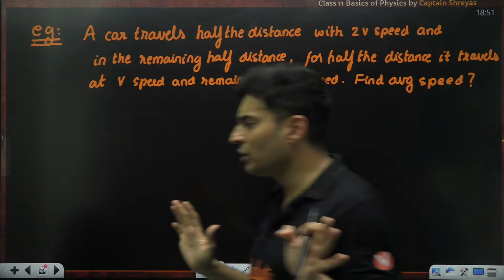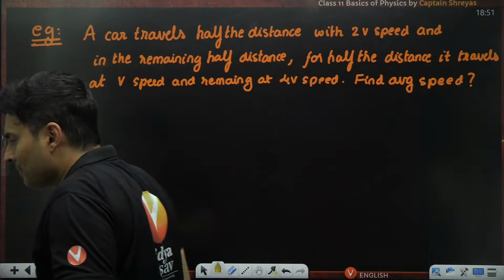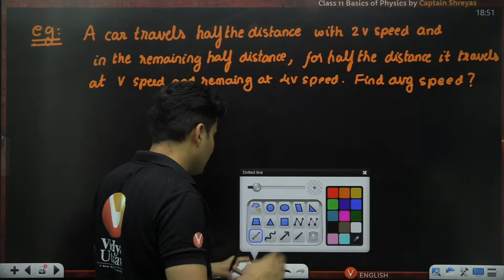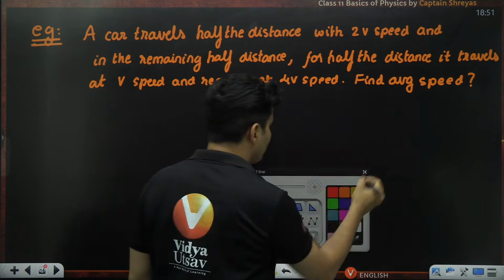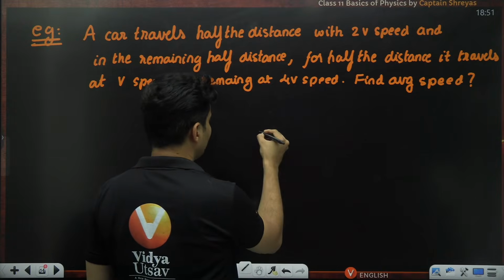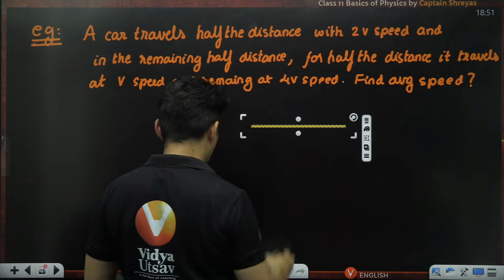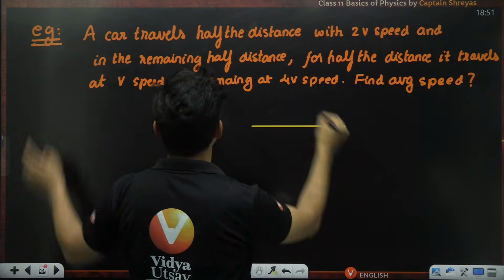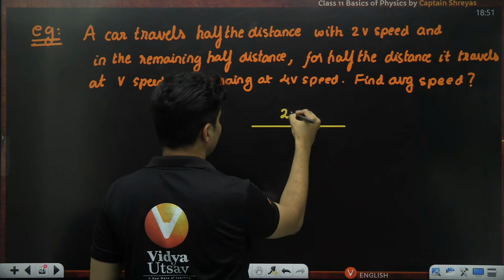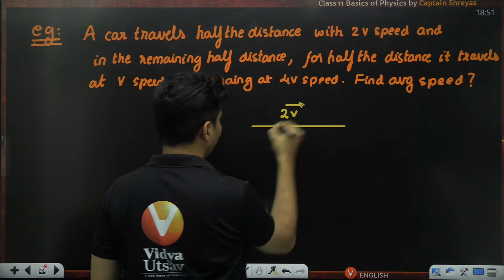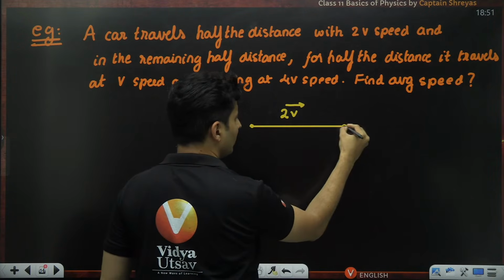I think the best thing to do is draw a diagram. So let's draw a diagram which will help us with the problem. So this is some distance which it travels, and with how much speed? It travels with basically 2v speed from here to here.